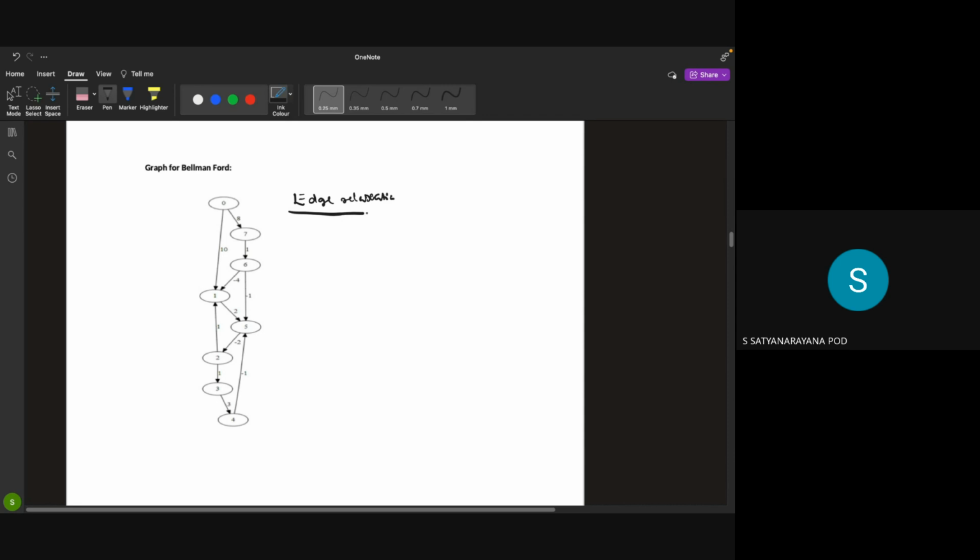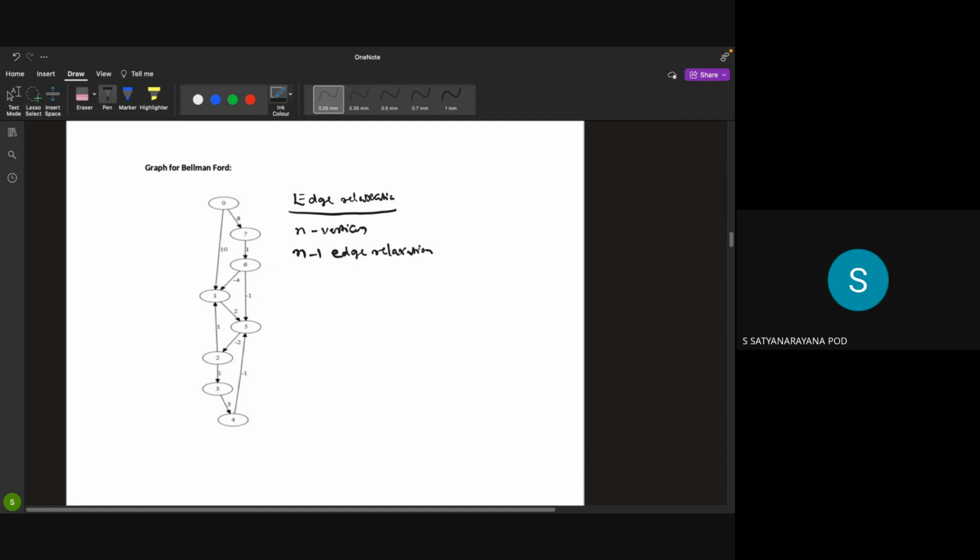So what is edge relaxation? If n vertices are available, you need to do n minus 1 edge relaxations. We'll see what edge relaxations are. So you do a maximum of n minus 1 edge relaxations.